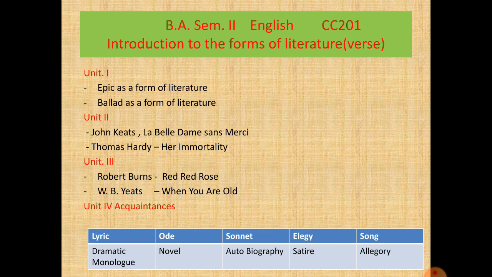In the gray line, in the second row, various forms of prose are given, and they are dramatic monologue, novel, autobiography, satire, and allegory.